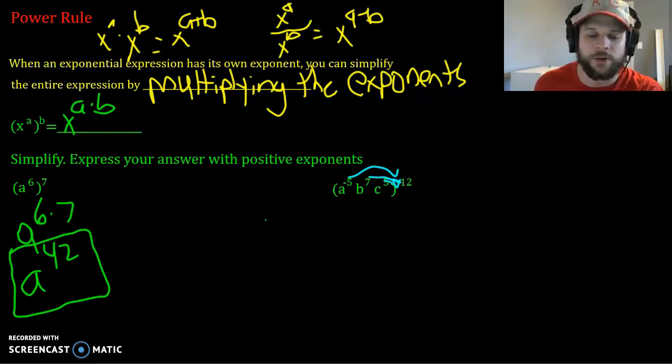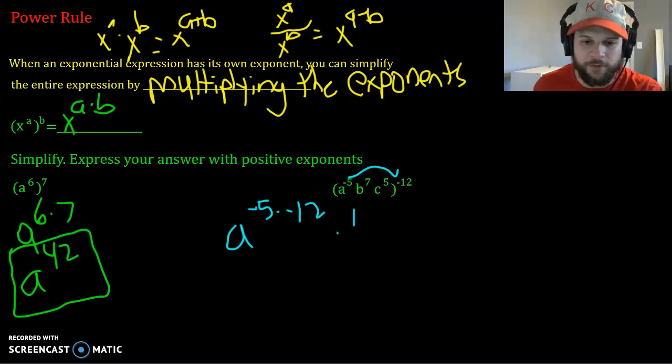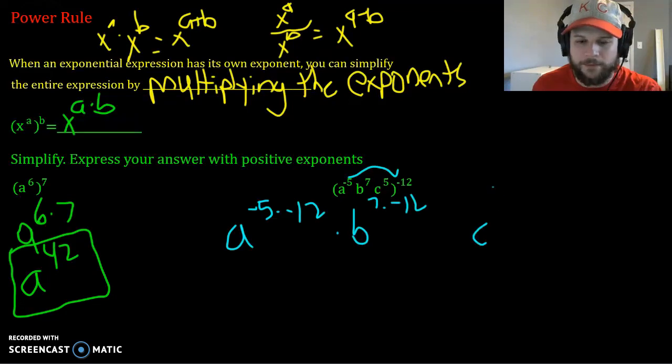So our first term is a to the negative 5th times, is it just a regular 12, or is that a negative 12? That's a negative 12. So a to the negative 5th times negative 12. And then we have b to the 7th times the negative 12. And c to the 5th, positive 5th, times negative 12.